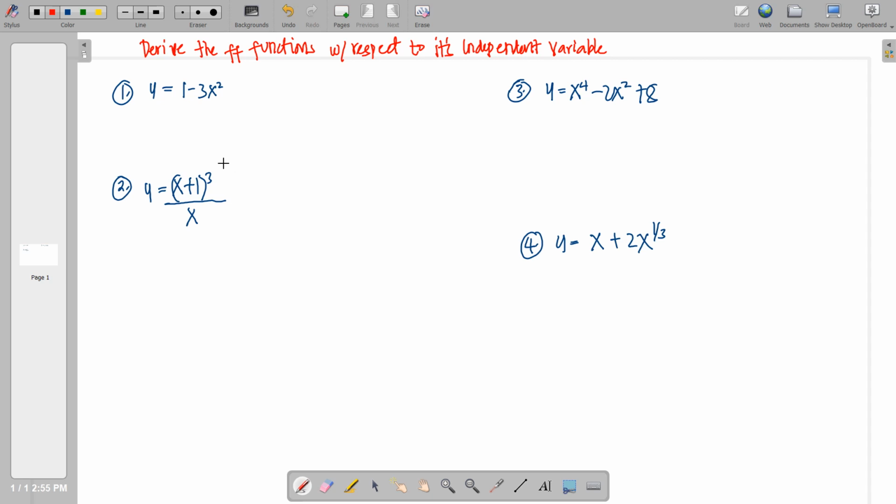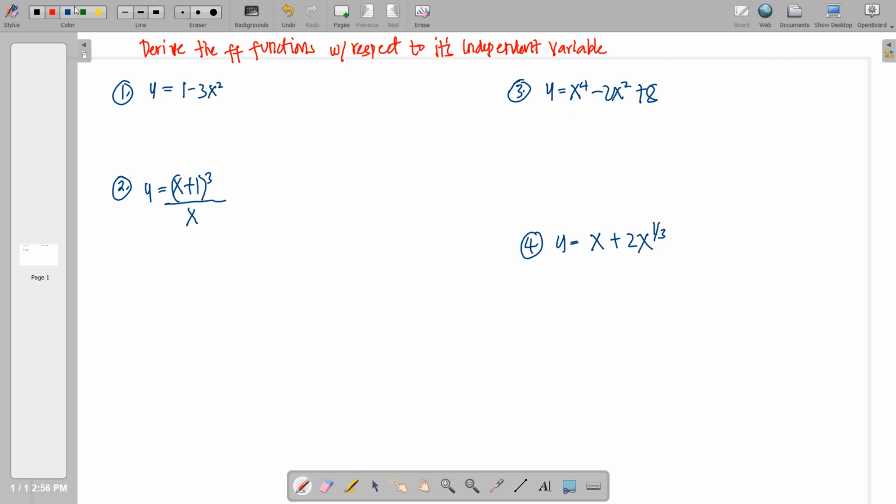So the instruction is derive the following functions with respect to its independent variable. All of the functions will be in terms of y, and obviously the independent variable in each of these functions is x.